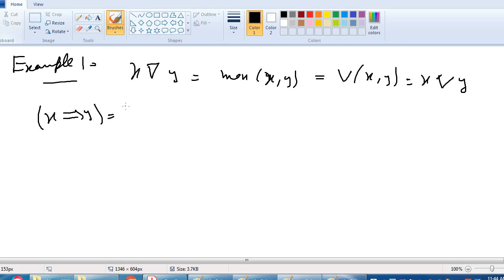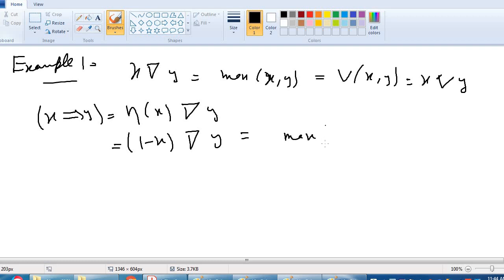It will be equal to eta of x nabla y, and eta of x means 1 minus x, so it will be max of 1 minus x comma y. So this will be our answer. This will be our formula for the nabla implication.